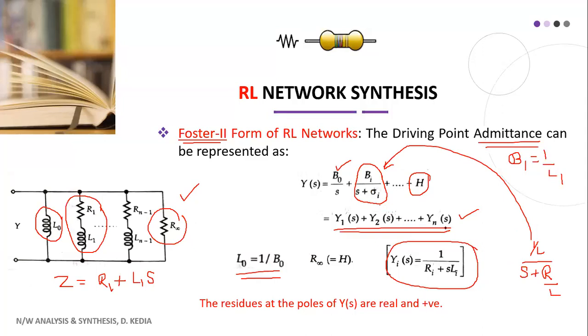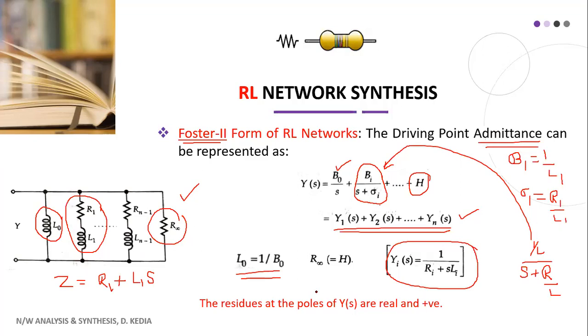Okay, similarly, your sigma 1 is equal to R1 by L1. Fine. So this is how you can calculate different values and represent your RL network using Foster 2 representation. I hope this thing is clear.